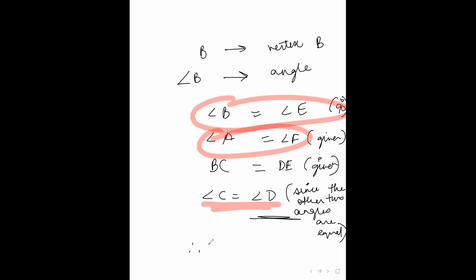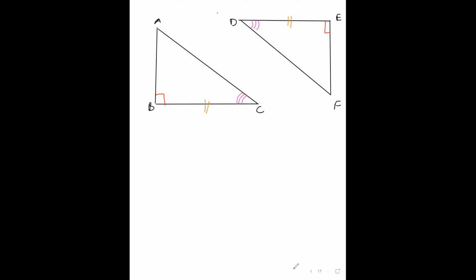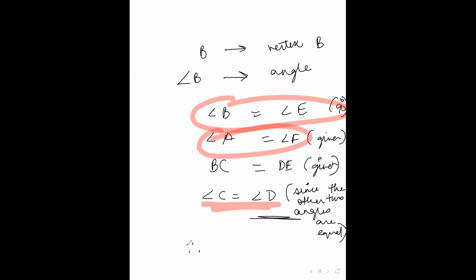So therefore they are congruent by which rule? Which rule have we applied here? Look carefully. ASA. Yes. Therefore, triangle ABC is congruent to triangle FED by ASA rule.